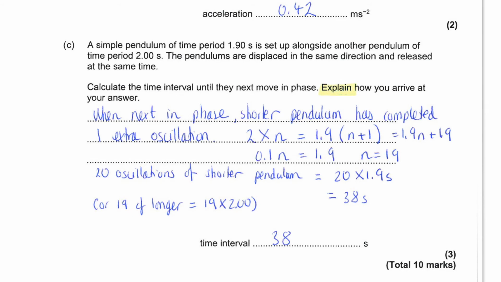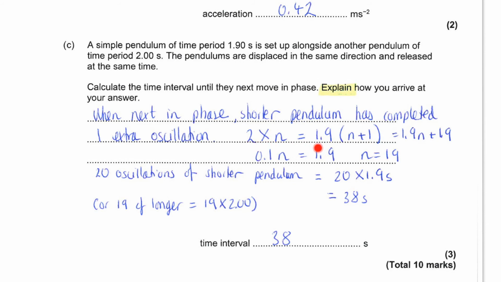Then, if we consider the longer pendulum with a time period of 2 seconds as having completed an unknown number of oscillations that we call n, we can say that the time represented by the 2 seconds times this number of oscillations would equal the time taken by one more oscillation of the other pendulum of period 1.9 seconds.